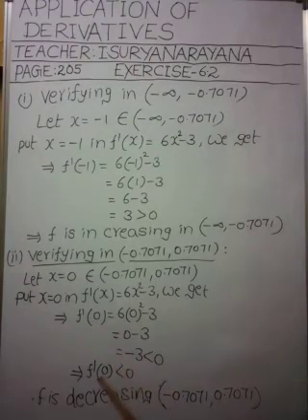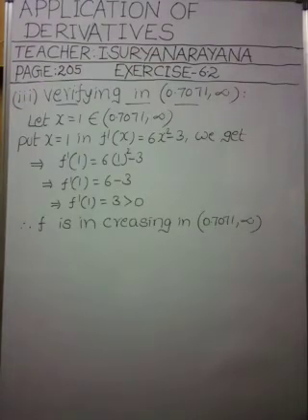So f dash of 0 is less than 0. We got this statement. Understood this step, my children? Right. Then what will you say about f? The behavior of f? F is decreasing in this open interval minus 0.7071 comma 0.7071. Understood, my children? Right.